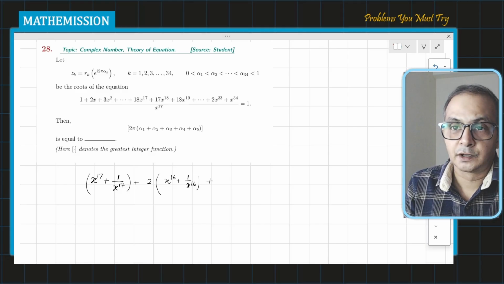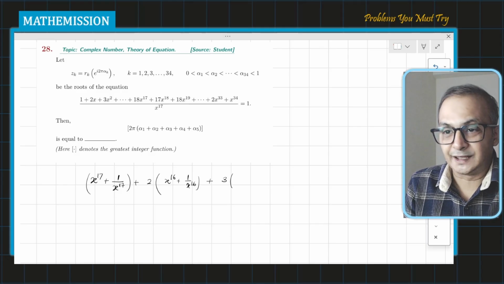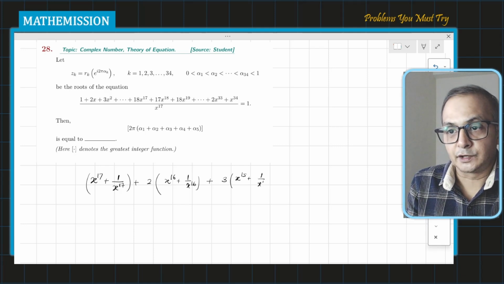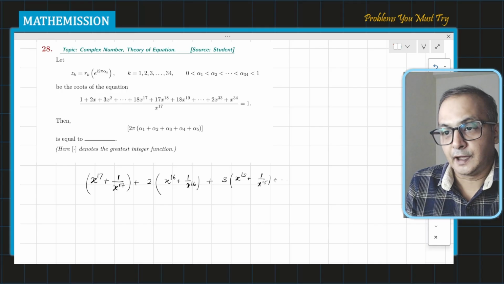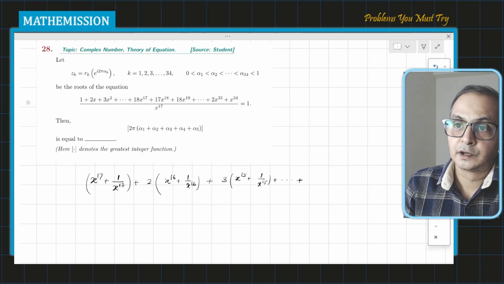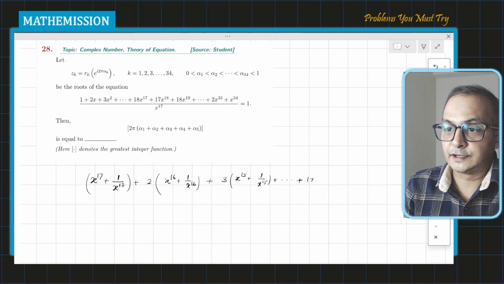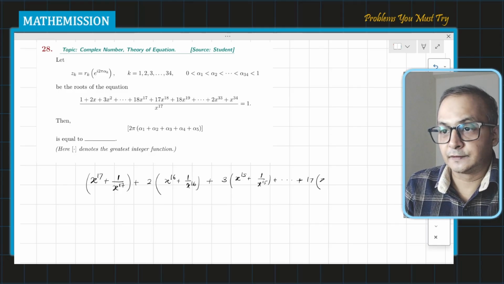Similarly, we go up to 3 times x to the power 15 plus 1 by x to the power 15. And finally, for coefficient 17, we get 17 times x plus 1 by x.